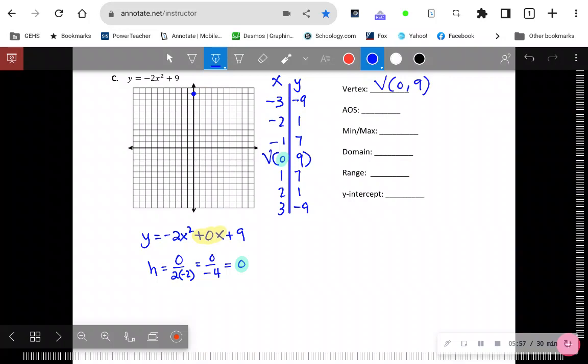And on either side of it, if you do the number crunching, you go to a height of 7. And then you can see it drops down to a height of 1 here. So it's going to go down to a height of 1 there. And then goes all the way down to negative 9 on the next round. And these are a little hard to draw, but take your time and do your best.